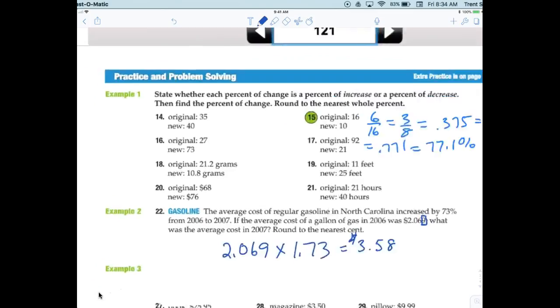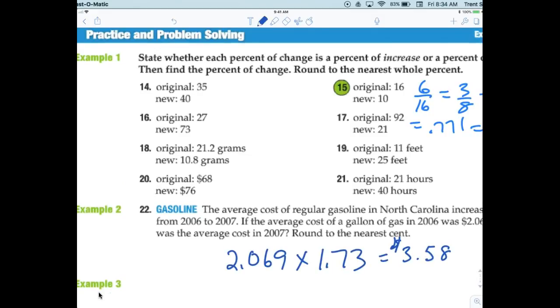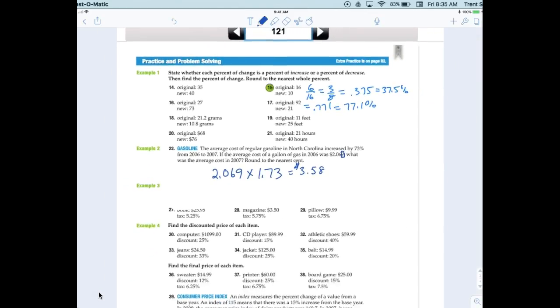Now, when you're doing question 14, 16, 18, do I really care if you just say it's 5 divided by 35 and round that? No, I don't. You can just put the answers. But on the word problems, right here on 22, I kind of wanted you to write out the work. Does everybody understand me?